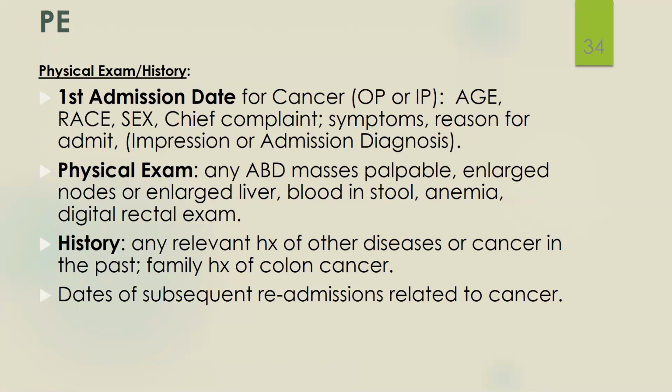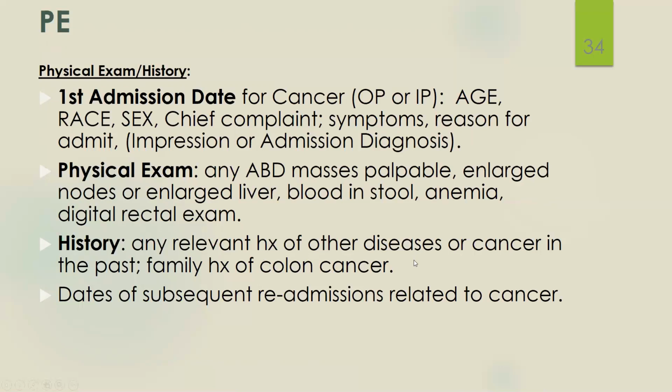A lot of colon cancer patients come in with anemia, or if a digital rectal exam was done. Anything related to the colon cancer or a family history of colon cancer would be helpful, but any other history that the patient has really is not pertinent.